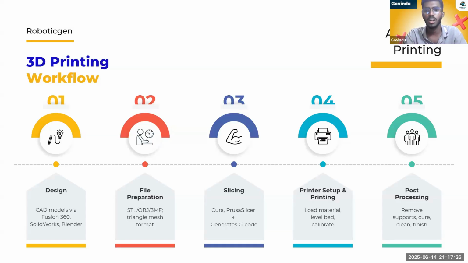So we need to prepare that file and convert it into an STL. Normally the most popular format is the STL file, or 3MF or OBJ file, which can be understood by the 3D printer.